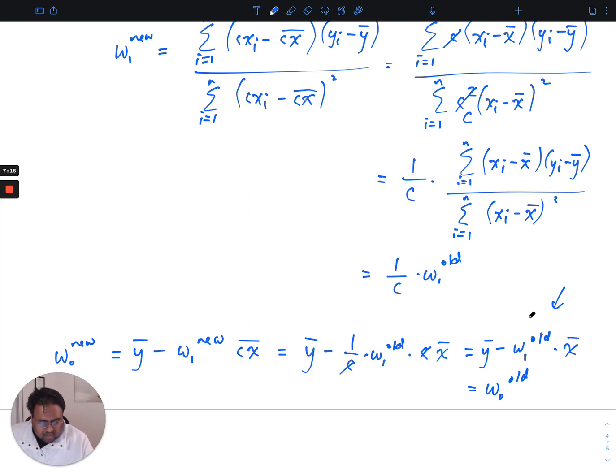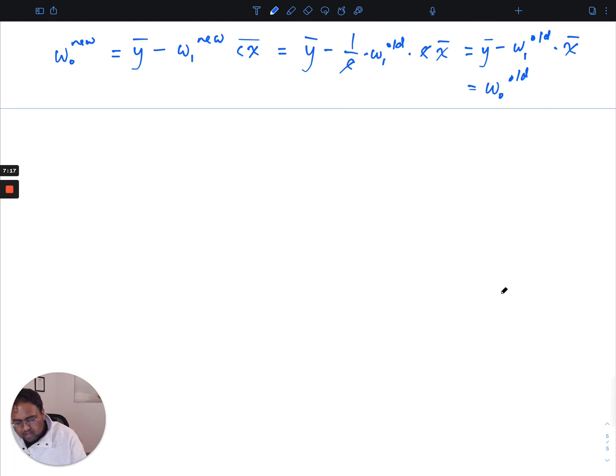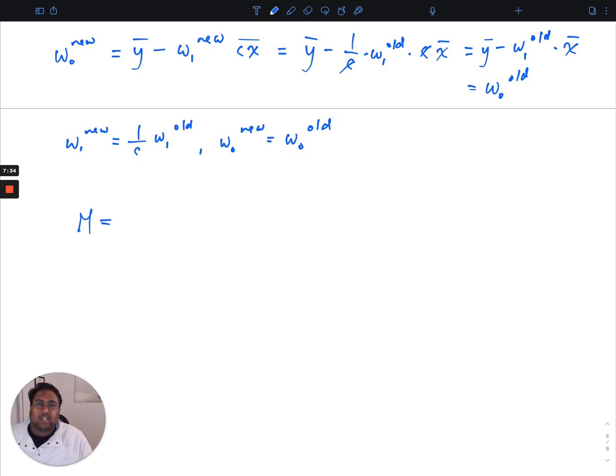So it turns out that the new y-intercept is equal to the old y-intercept, w naught old. Awesome. So where does this take us? Okay. Well, to summarize, the new slope is 1 over c times the old slope. And the new intercept is the same as the old intercept. Well, who cares? Well, we need to evaluate all of this in terms of the mean squared error of our regression lines.